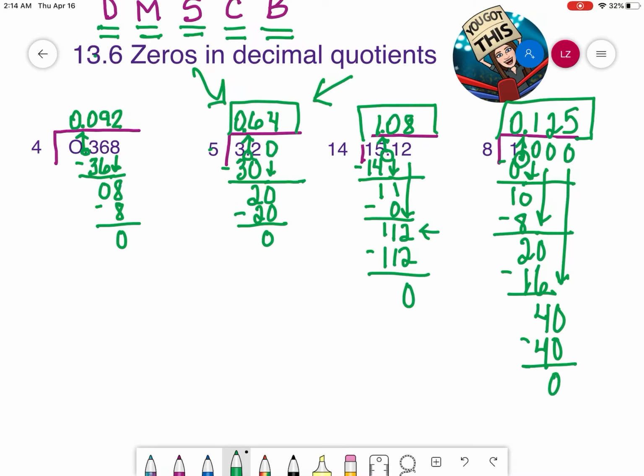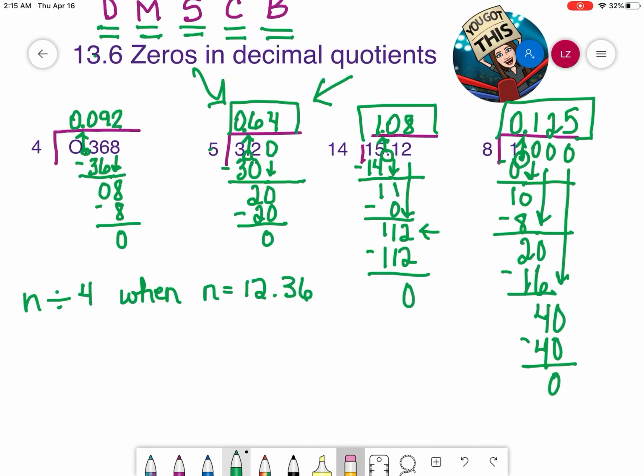All right. If you have a problem, for instance, that says n divided by 4 when n equals 12.36.